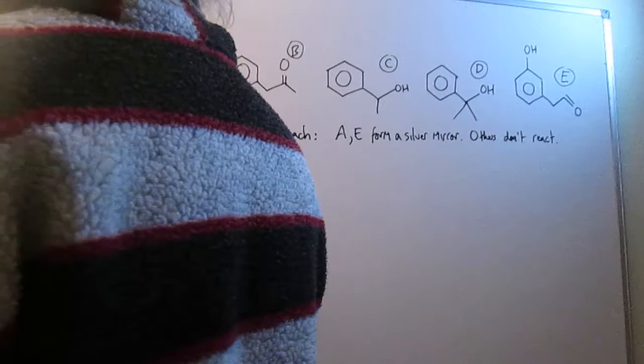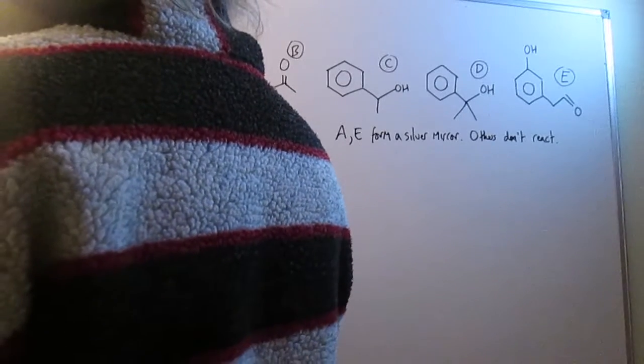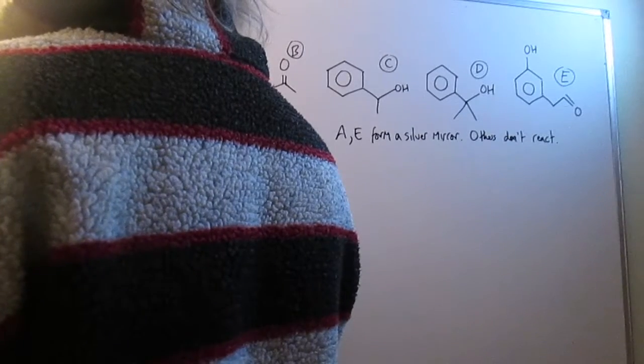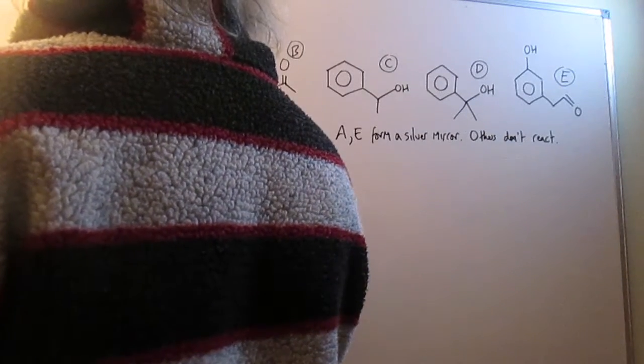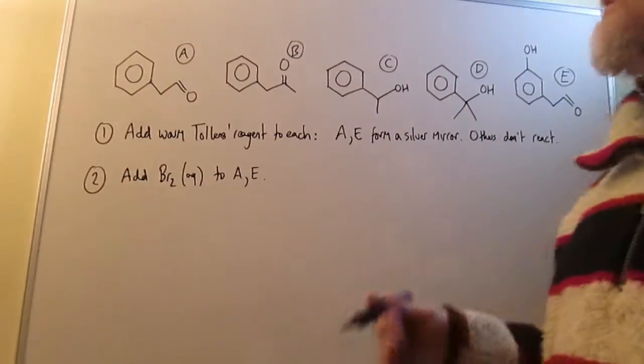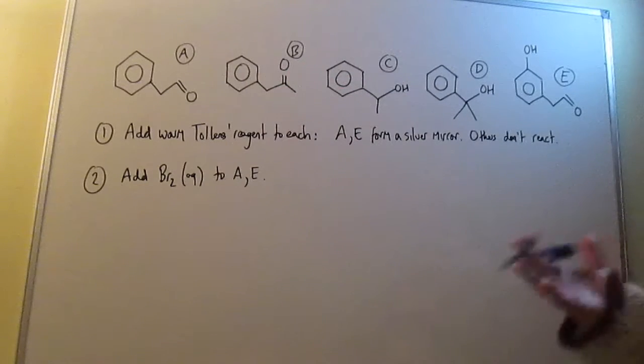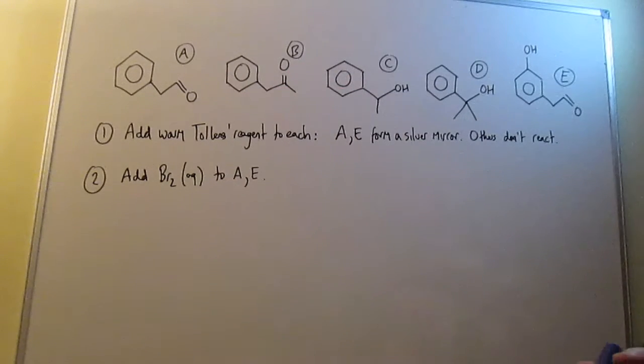So step 2 is to add aqueous bromine to A and E. Not to all of them, because there's no point looking at how these ones interact with bromine. We're going to differentiate those in a different way.